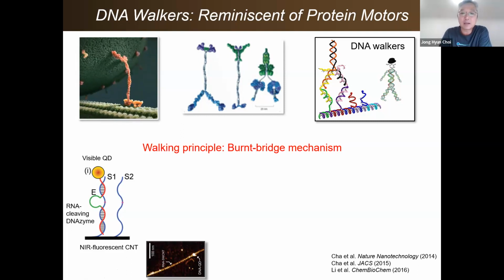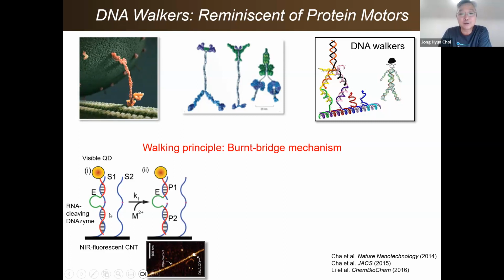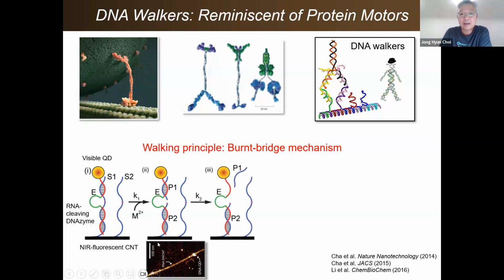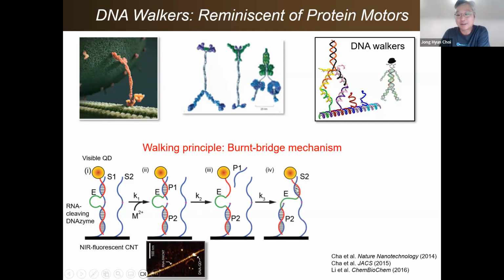The way our system works is that under certain concentrations of magnesium and other cations, this catalytic core can cleave the pre-arranged RNA point, leaving two fragments, P1 and P2. Over time, P1 will thermally dissociate and float away. Now our upper arm is free so that it can grab the next available RNA, and then the lower arm will follow up.